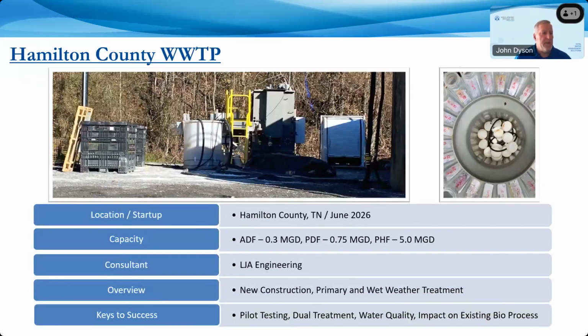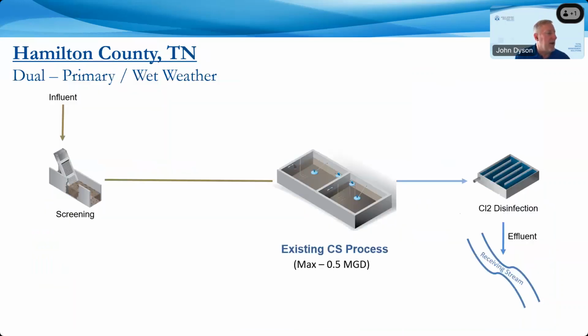So some other projects, and there are always interesting projects. Hamilton County is a project that we pilot tested not too long ago, and the plant is under construction. Average day flow is about 0.3 mgd. They have a biological capacity of about 0.5, and they're looking to expand that, but they also have big wet weather flow conditions, 5 to 7 mgd at times.